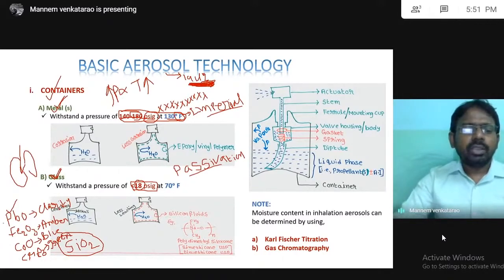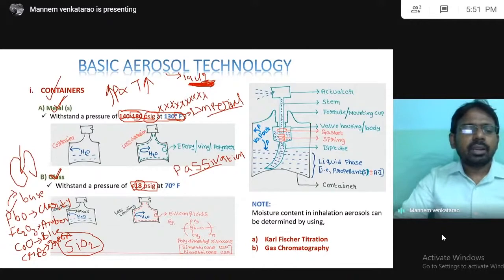Sir, why are you adding the metal oxides? These metal oxides are bases. Bases mean alkalis, which always love water. Once water touches the glass surface, the walls contain all these metal oxides. In transparent glass, lead oxide is waiting to interact with the water.